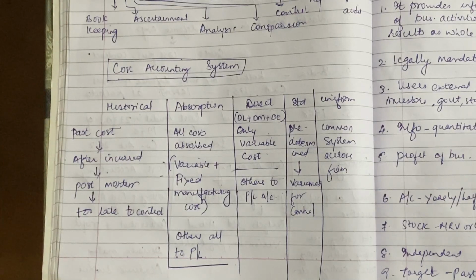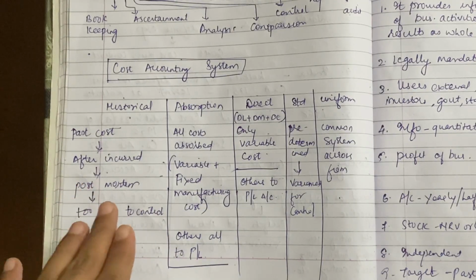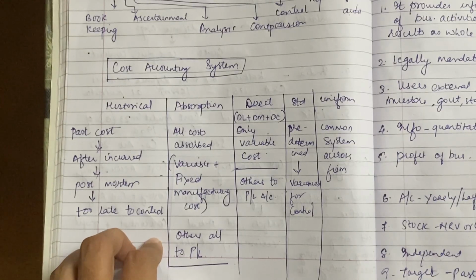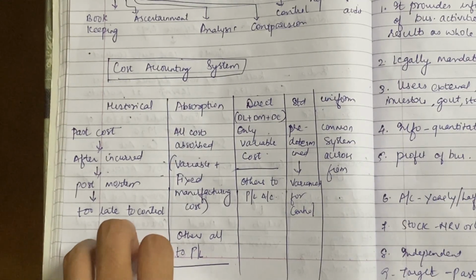If we are manufacturing a table, after the cost is incurred, we can say this table cost is around rupees 8,000. This is a part of historical costing. We are doing just a post-mortem, and it's too late to control because we have already incurred the cost.